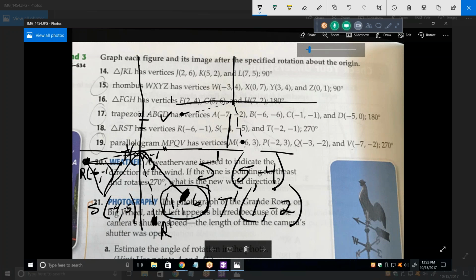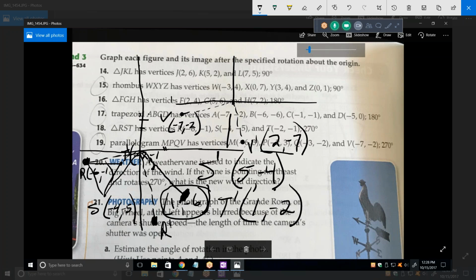So if V is -7, -2, and I know V prime has to use the same numbers, what do they have to be? 2, -7. So that is the same exact formula as we used for 18.